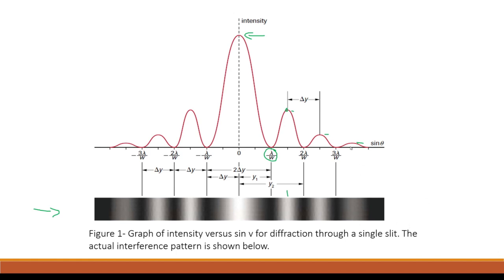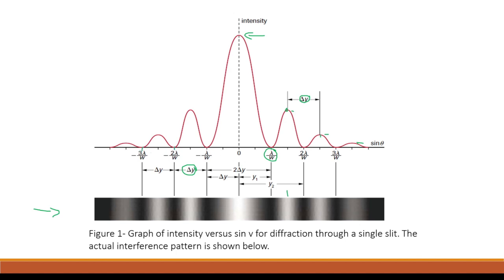The last thing to notice is the distance between maxima or extrema is delta y. So between all other orders, we have delta y between the first maxima and the second order maximum, as well as between dark spots. We also have delta y after the second and third dark spots.